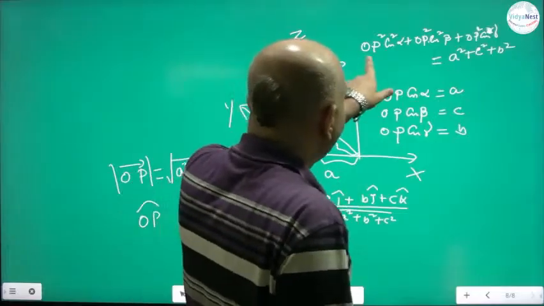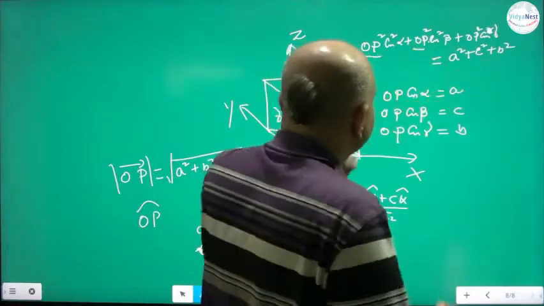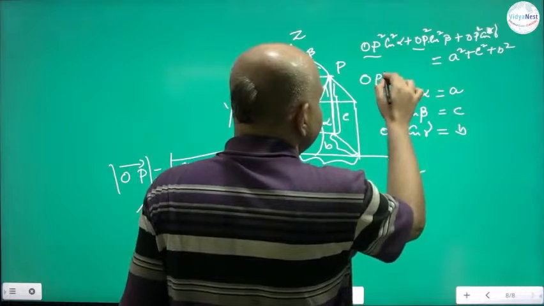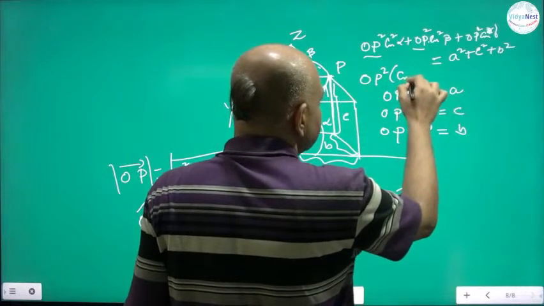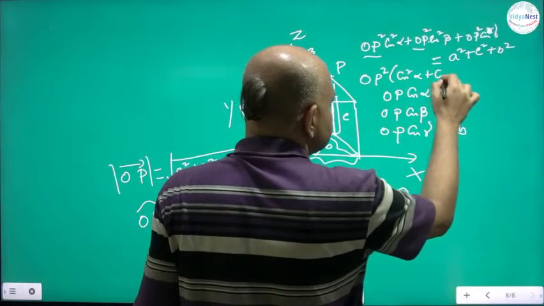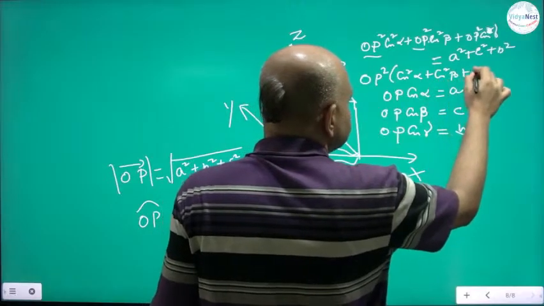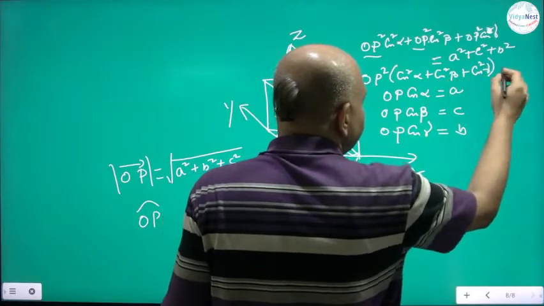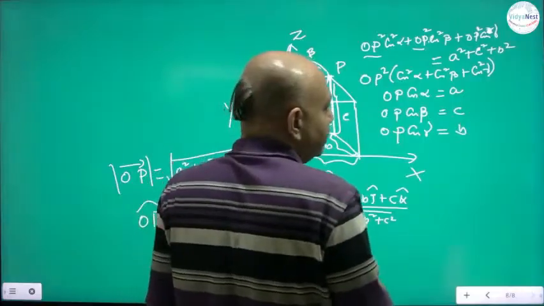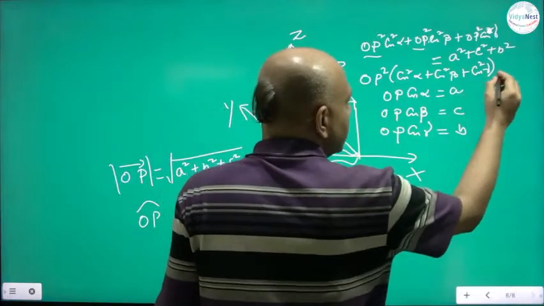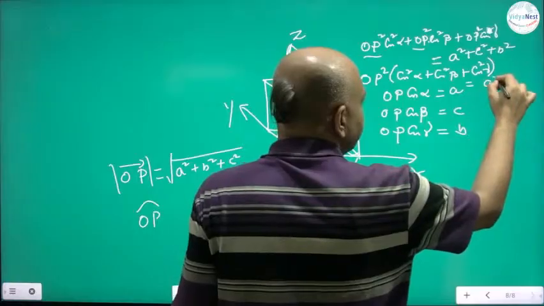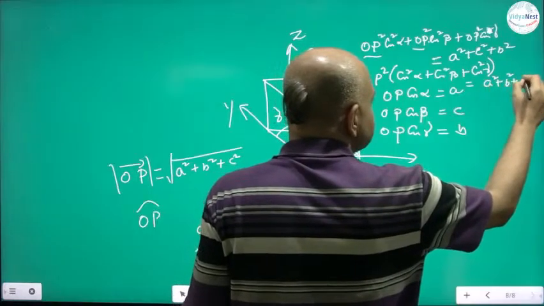So I can take OP square common. OP square times cos square alpha plus cos square beta plus cos square gamma is equal to a square plus b square plus c square.